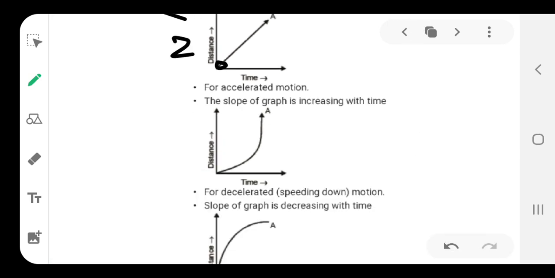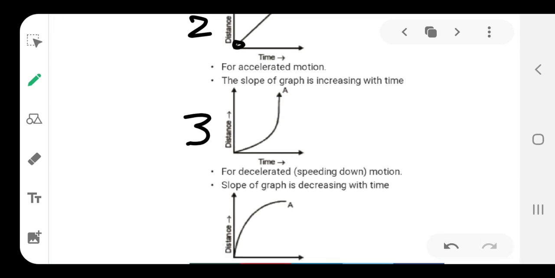Then if you move further, in the third case the body has accelerated motion. Why? Because you can see the slope of the graph is increasing with time. The slope of the graph goes up, and because the slope is increasing with time, this represents speeding up motion or accelerated motion.